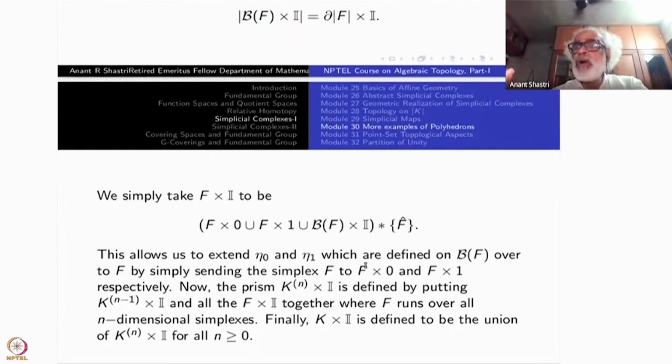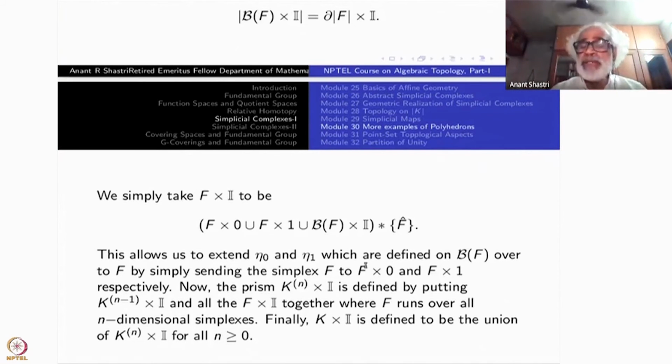Once you have done it for one n simplex f, do it for all the n simplexes exactly the same way. Take the union of the n minus 1 simplexes we have already constructed, and take the union over all the n simplexes.